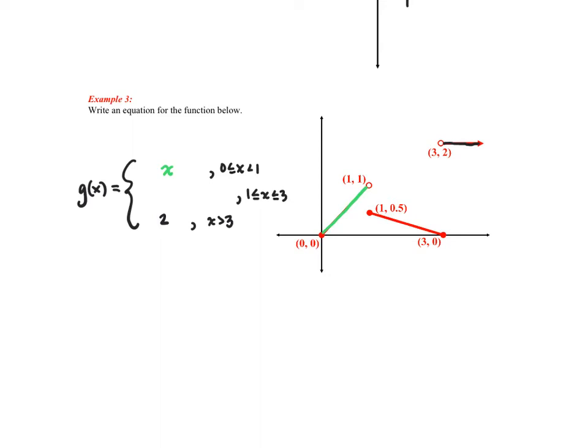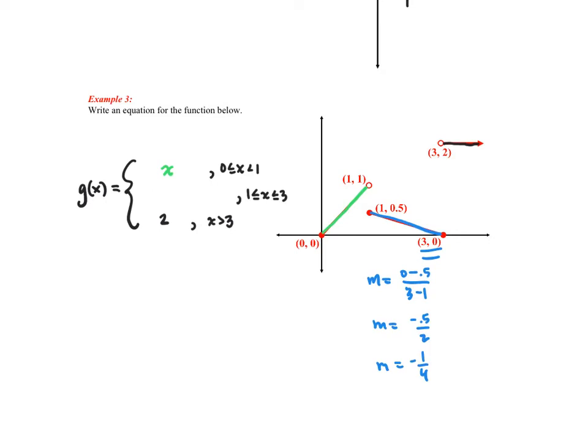And we come to this piece of the piecewise function in the middle. It's also a line. We need to find its slope. So its slope would be 0 minus 0.5 over 3 minus 1. So the slope would be negative 0.5 over 2, which is equivalent to negative 1/4. Now I'm going to use either one of these 2 points. I'm going to choose to use 3, 0.